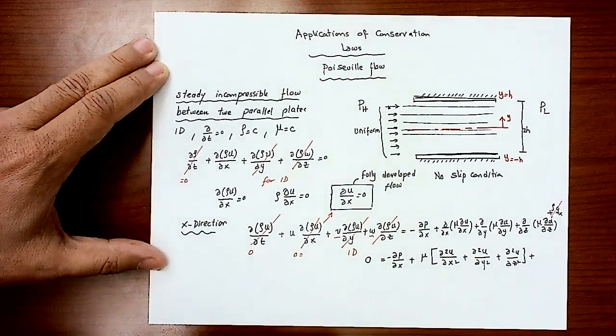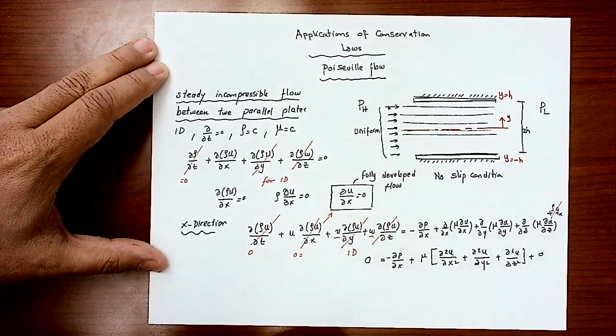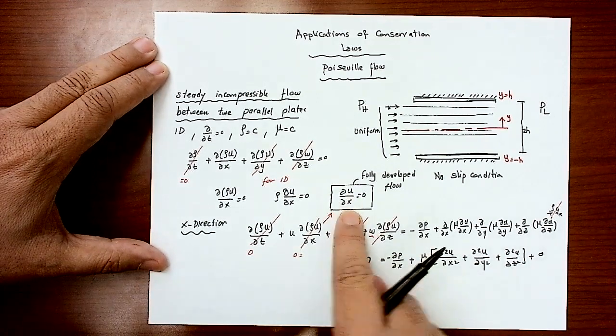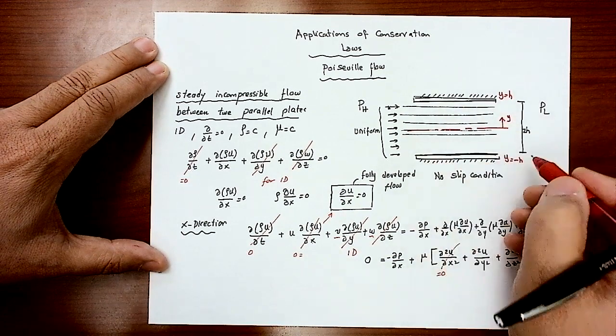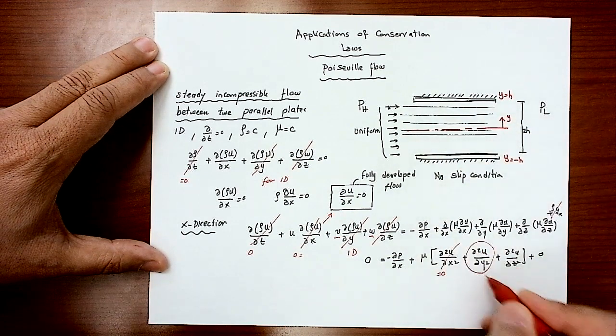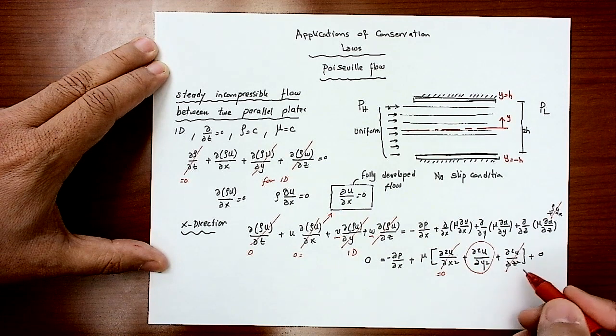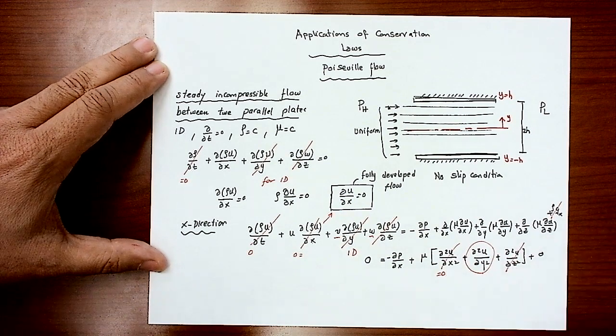So that's the right-hand side here. Again, partial u by partial x is 0, so the second derivative is also 0. Velocity changes in the y direction, so we cannot ignore that part. And for z, partial u by partial z equals 0 because we are solving a one-dimension problem.